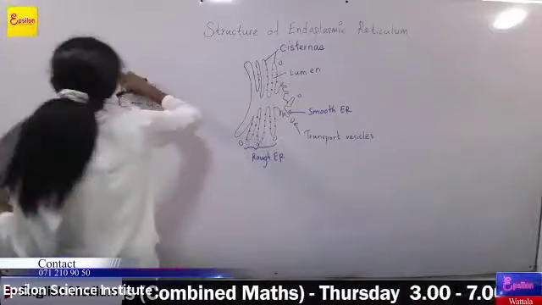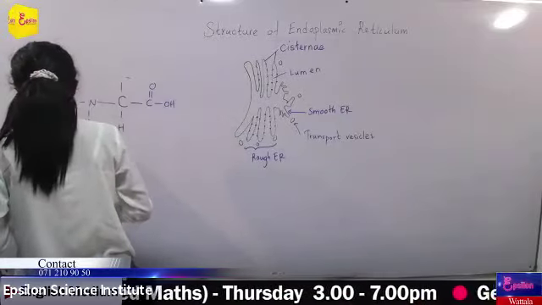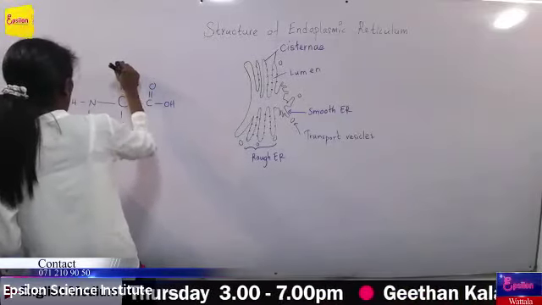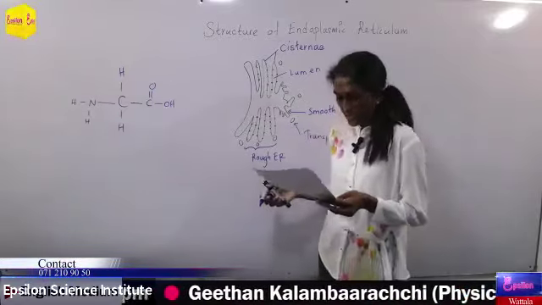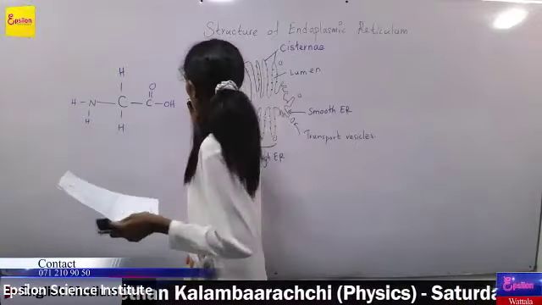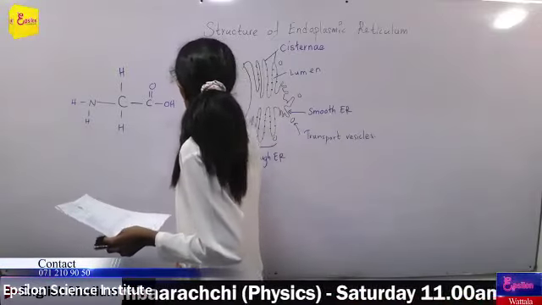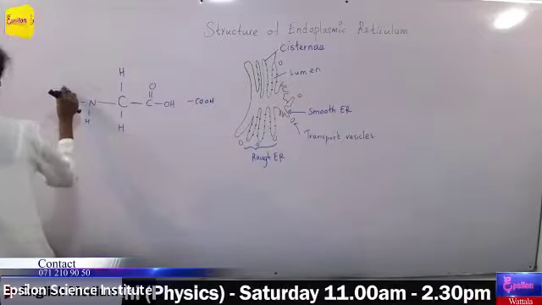So, sorry, this one hydrogen should be there instead of R. No need to label, you can just leave it as this. Instead of this, you may write COOH. Instead of this, you may write NH2.